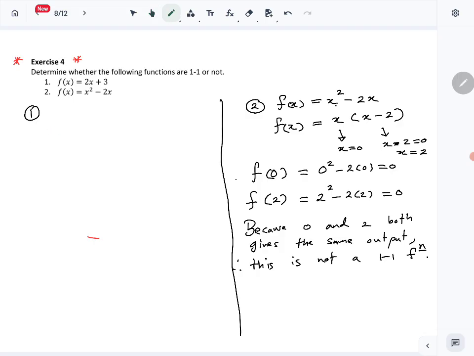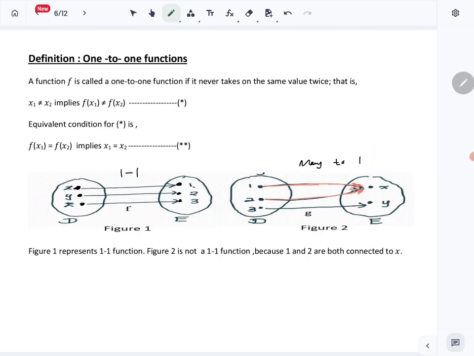So let's now come to the first one. I can't factor this, so I have to use the definition to check whether it's one-to-one or not. This is how I start. I can use either condition.